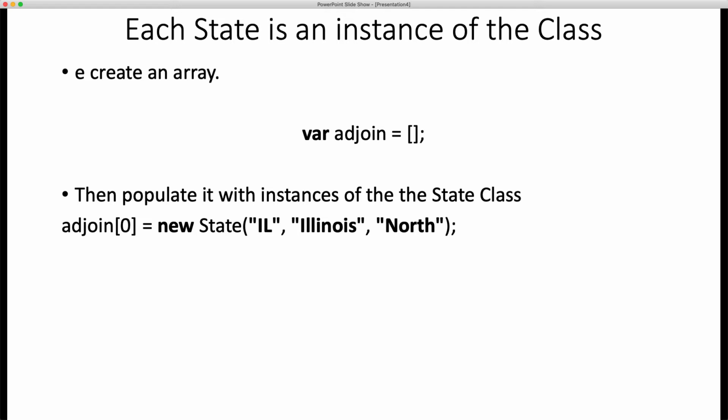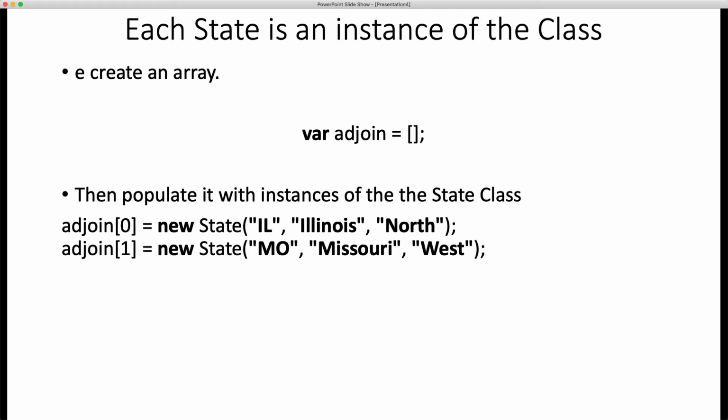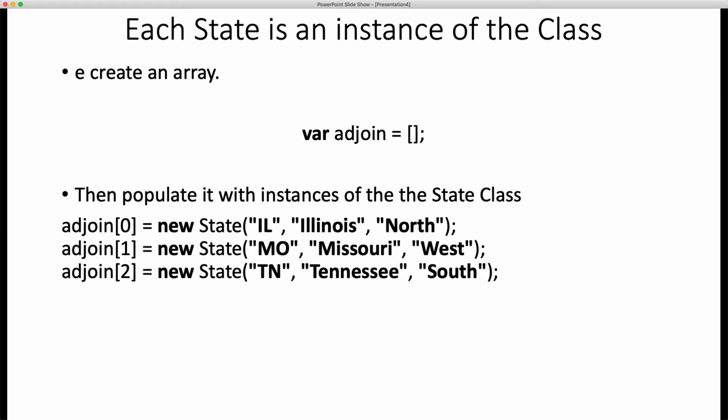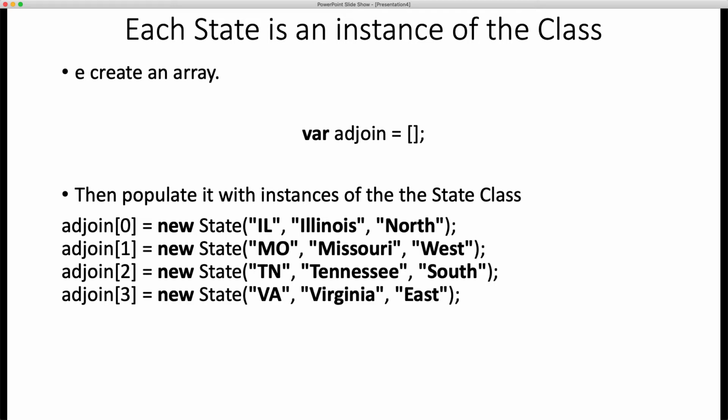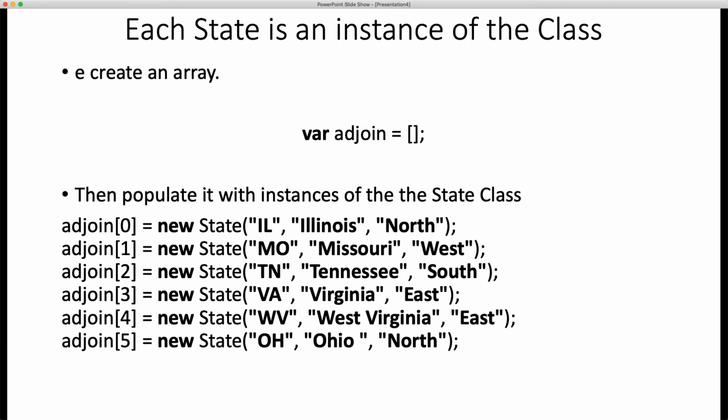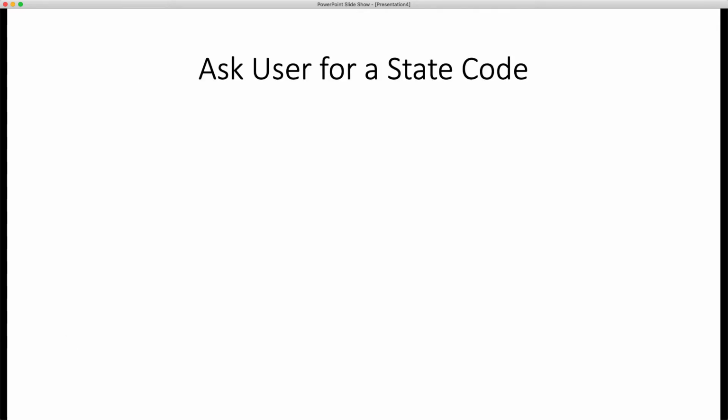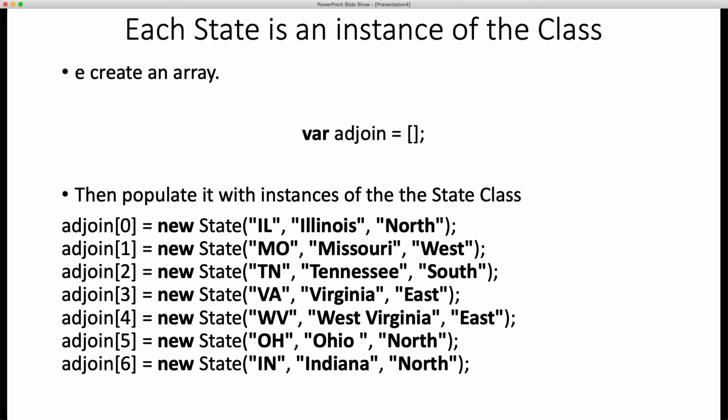Then we can populate it with instances of the state class, so I can say adjoin[0] equals new state and pass in Illinois, and North. And do the same for Missouri, Tennessee, Virginia, West Virginia, Ohio, Indiana. Now, if you look, we've got 7, but we ended up at 6. Again, remember, in JavaScript, arrays start at 0.